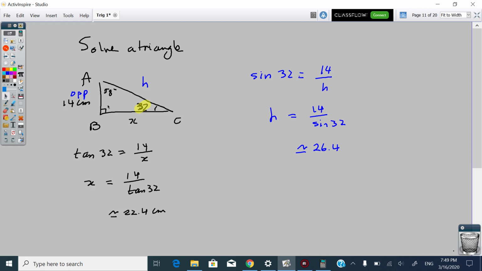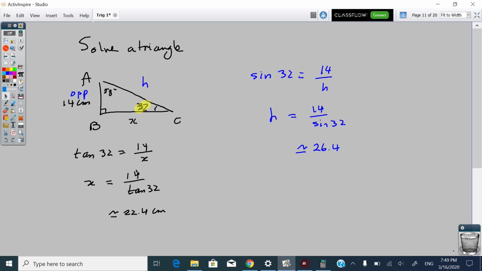So you have discovered all the angles in the triangle, but there's still the hypotenuse that's unknown and there's x that's unknown. You can decide if you wish to take the tan to calculate x, and if you base your work on the angle 32, then this will be the opposite and this is the adjacent. So tan 32 equals 14, the opposite, divided by x, which is the adjacent.